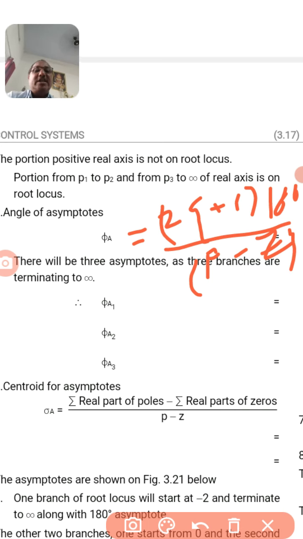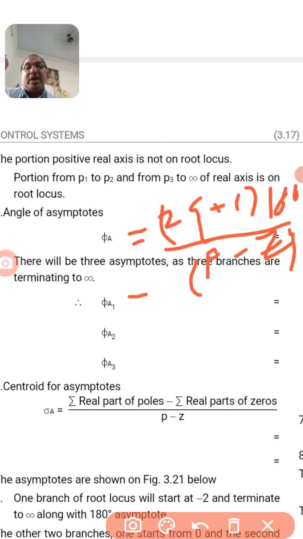Here P is equal to 3. Q changes from 0, 1, 2, 3 and so on. That is the odd multiple of 180 degrees. This is the equation to find the angle.